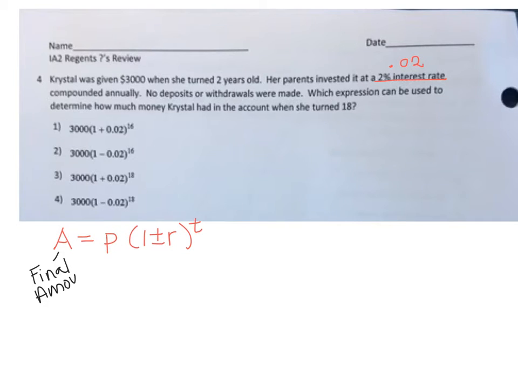And there's different variations of writing this equation. This is just my preference. P is principal. That's your beginning amount. How much you start off with. So I'm going to call it the initial amount.